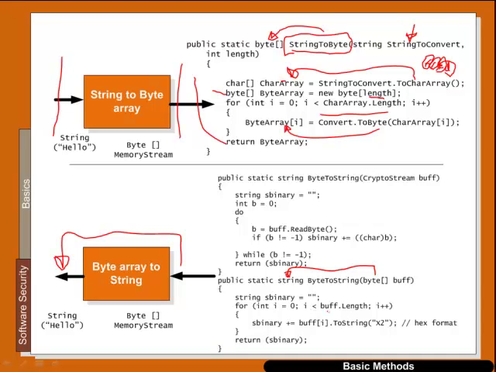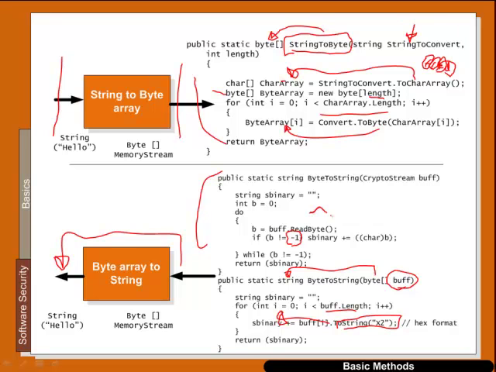So we take a byte array, convert it into a string. In this case we just go around through the length of our byte array and then convert each of our characters into, in this case, a hex format for the string. And here we do the same, but this time we treat it almost like a file. So this represents the end of file here.